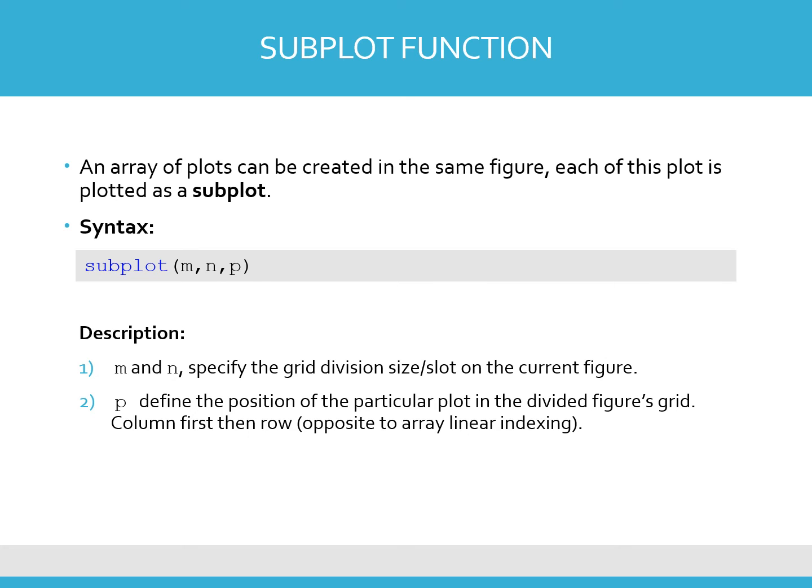Basically, if you want to use it, you use subplot this way: M is the number of rows, N is the number of columns, P is the position. I will show you what it is later. So basically M and N is the size, and P is the position.